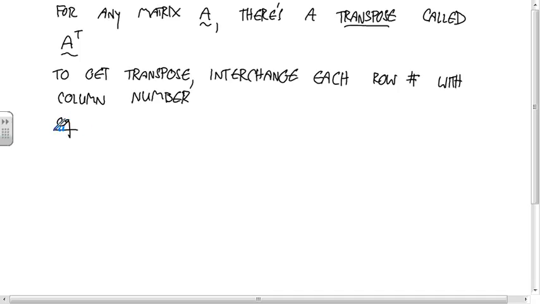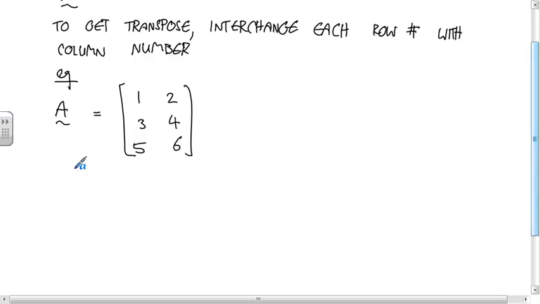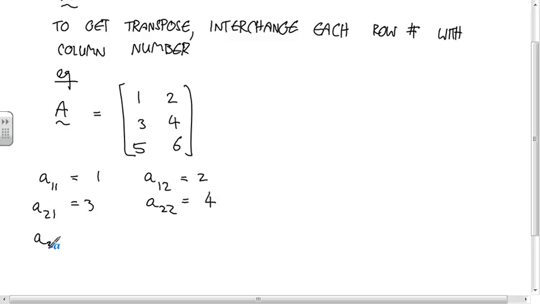So, for example, if you have this matrix A that's equal to 1, 2, 3, 4, 5, 6, okay, the elements are A11 is 1, A12 is 2, A21 is 3, A22 is 4, A31 is 5, and A13 is 6.